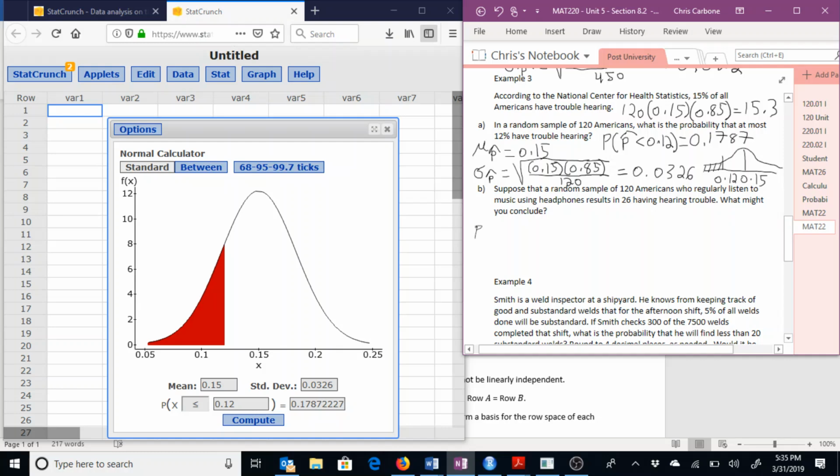So the sample proportion for this is going to be 26 over 120. And we need that decimal amount. So 26 out of 120 is about 0.217.